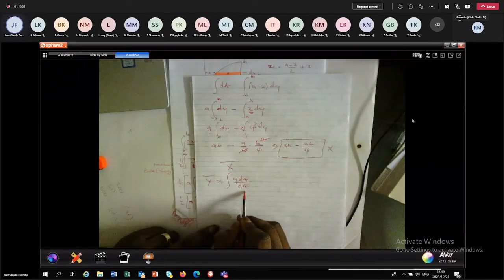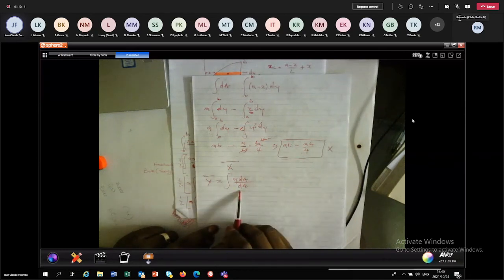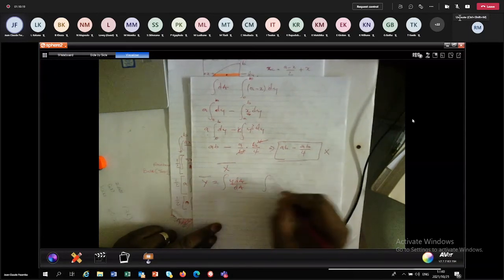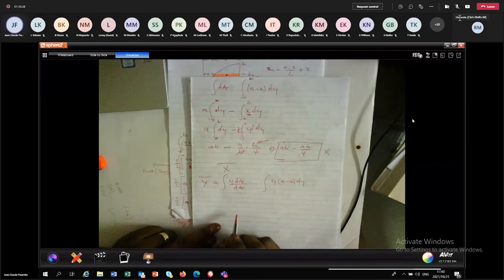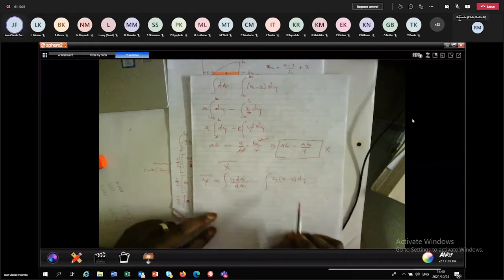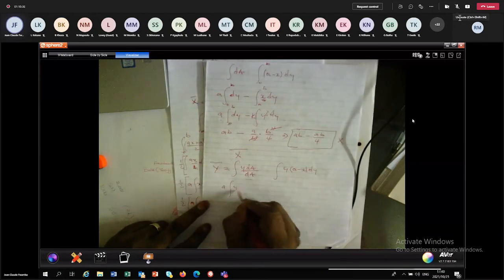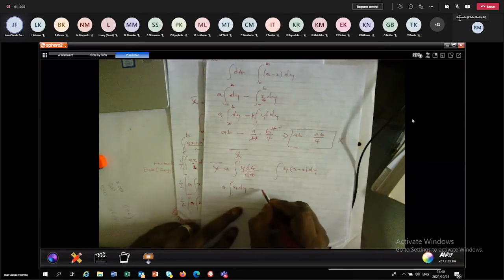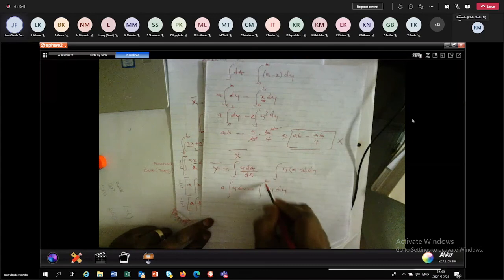The integration of your dA we've done, that's the one there, so it's a matter of just placing it here. You don't need to rework it, but work out your numerator. Your numerator will be y times the area, (a minus x) dy. Then multiply your y right through and apply your integration. So it will be a times the integration of y dy minus the integration of x y dy, between your limits.